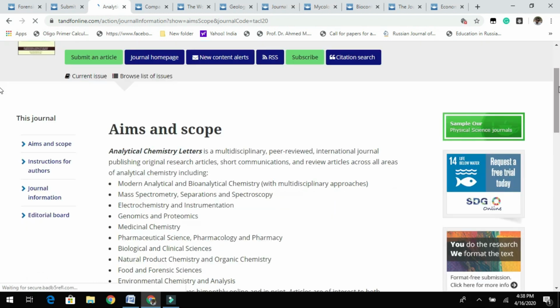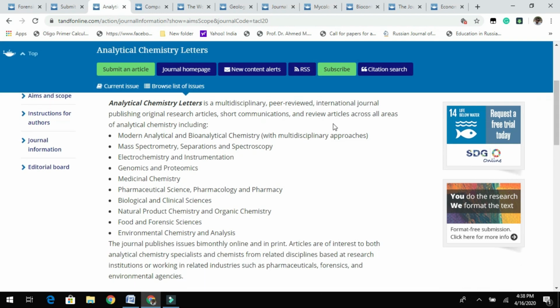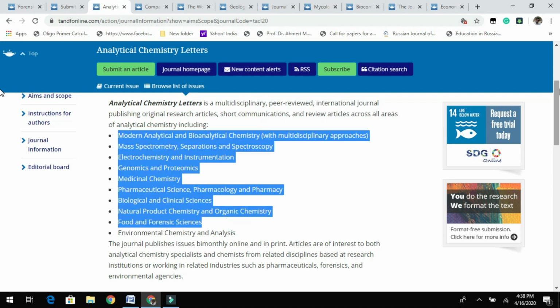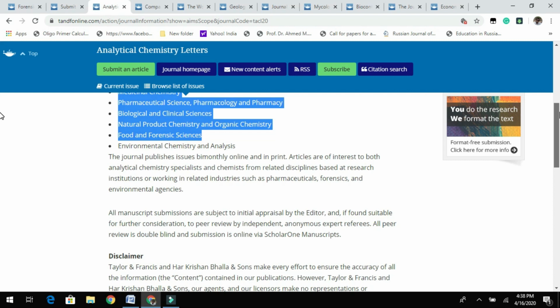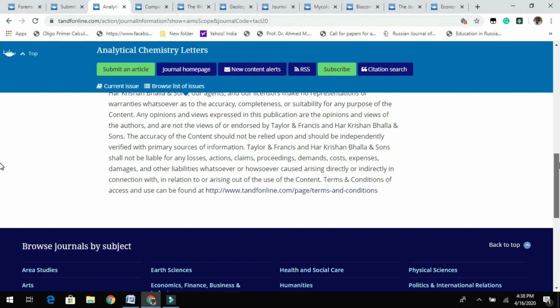Here you can see it is a multidisciplinary peer-reviewed international journal publishing original research articles, short communications and review articles, and they are inviting research related to medicinal chemistry, genomics, proteomics, mass spectrometry, spectroscopy, food and forensic sciences, natural product chemistry. Here you can see the list of themes which they are expecting you to submit.